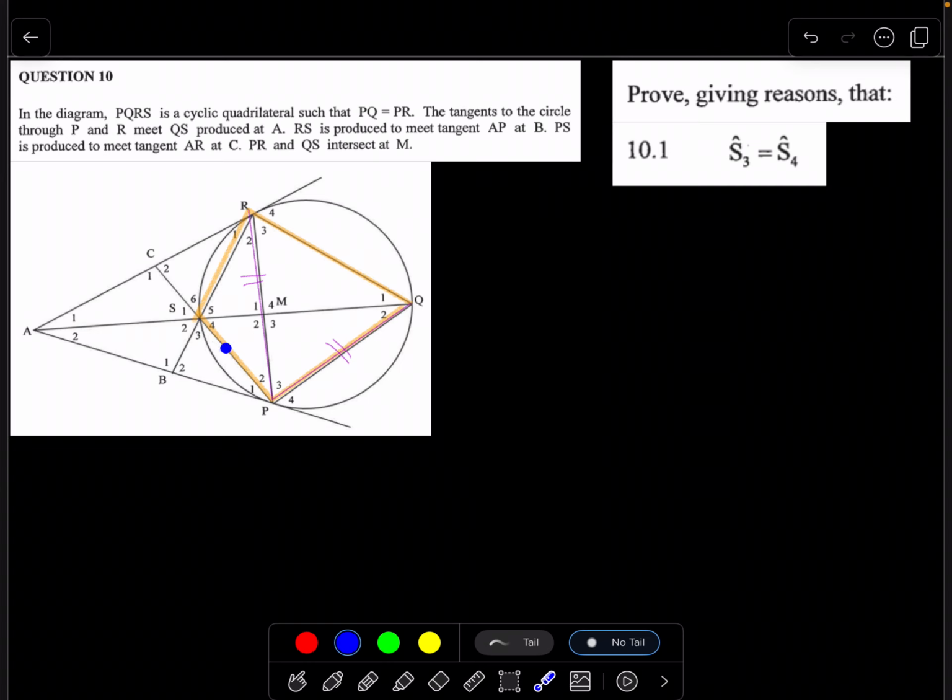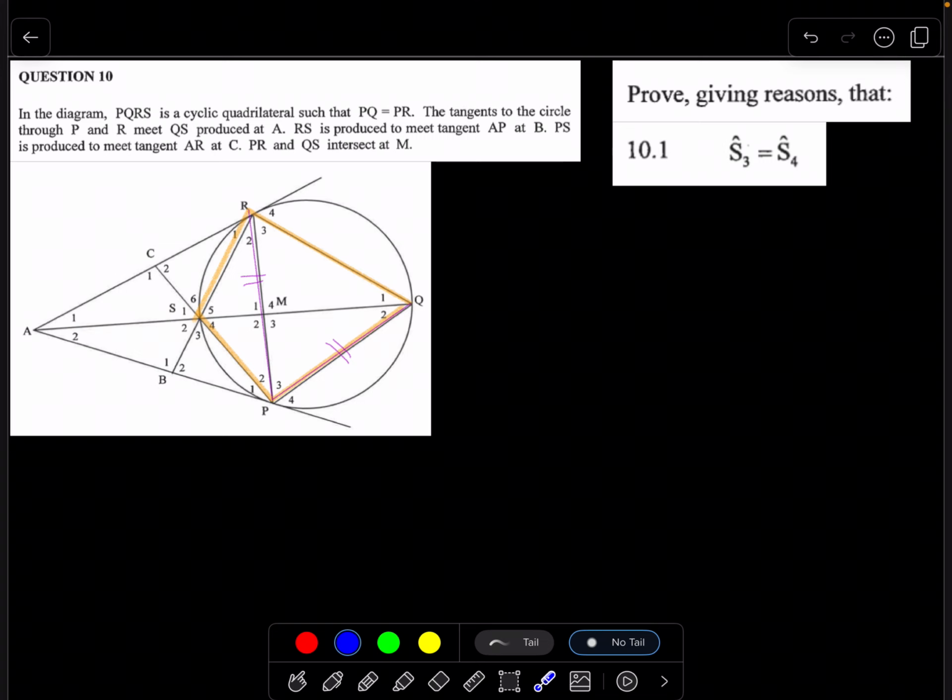How would I get to S3? What other angles can I find that have a relationship with S3? S3 and S6 are vertically opposite. We know that these are two straight lines crossing each other, so these two are equal. Maybe that can help someday, but anyway.